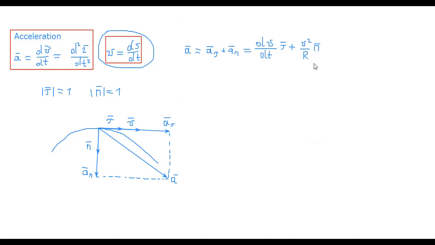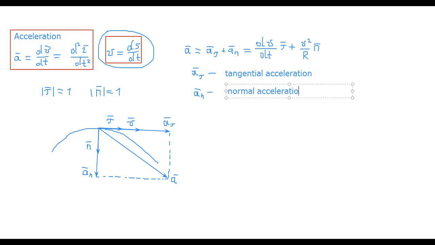Okay, so this is a formula. It is necessary to write a tau is tangential acceleration, and a n, normal acceleration.